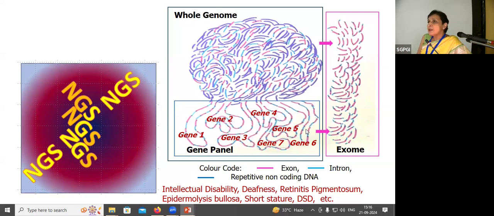But now, with the cost, the panel is made last year, and next year again when you are ordering, there is one more gene for osteogenesis imperfecta that may not be there in that panel. So what you have to order preferably is whole exome sequencing, so that a particular gene which is newly identified, or some other disorder like Desbuquois syndrome, which again has decreased bone density, will not be missed.